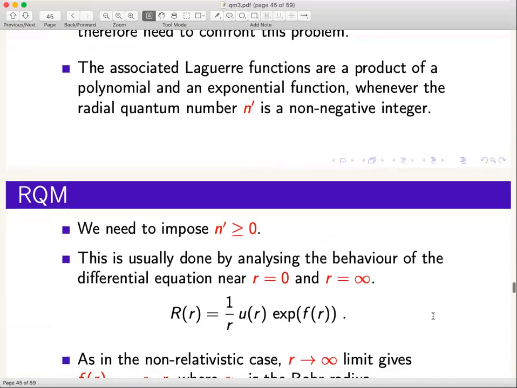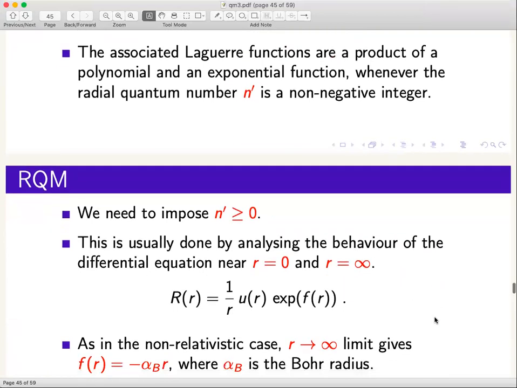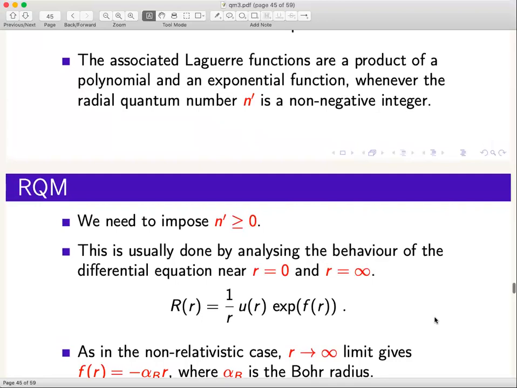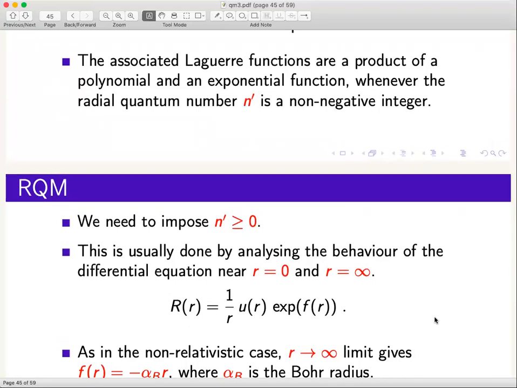This is a condition that we need to impose, and we do it by thinking of this as a purely mathematical problem and imposing physical boundary conditions on it. What are the physical boundary conditions? We want the wave function to vanish at infinity and to be well behaved at r equals 0. It doesn't go to infinity; either it vanishes or it takes a finite value.